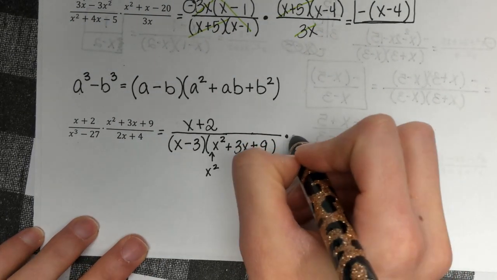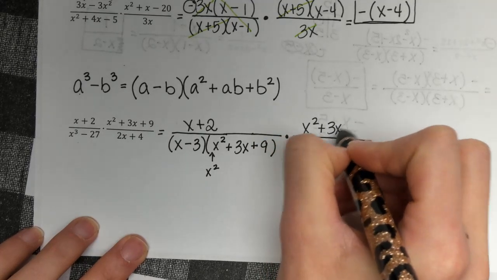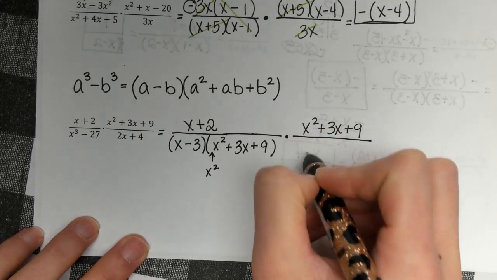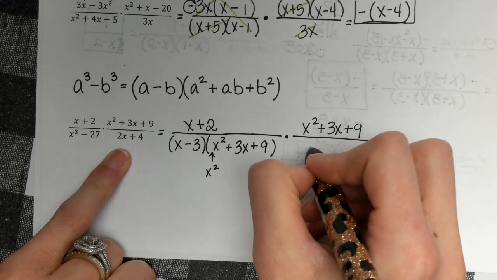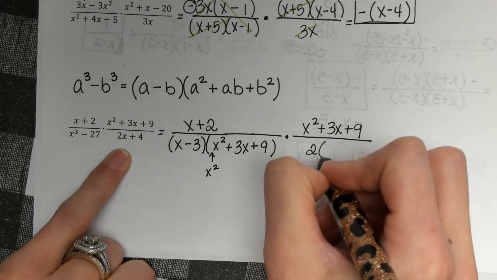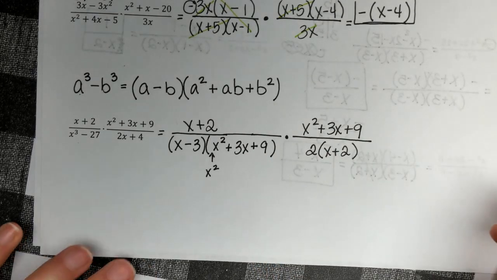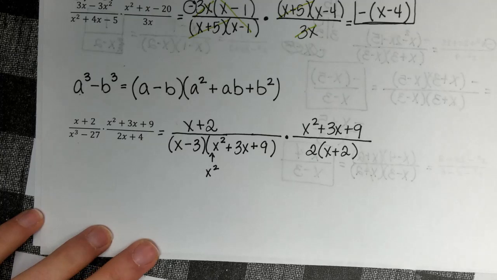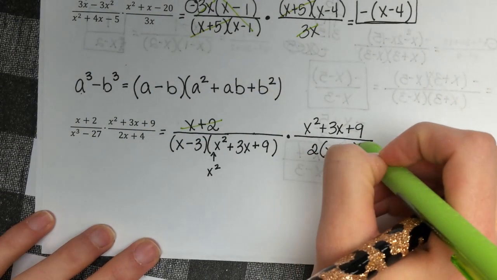And then times x squared plus 3x plus 9 over 2x plus 4. What can I take out? 2, and that leaves me with x plus 2. Okay, I can factor out x plus 2.